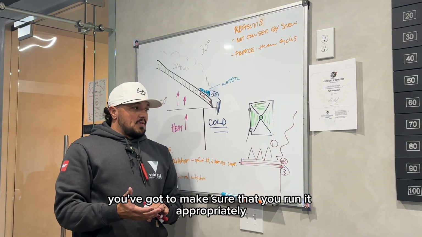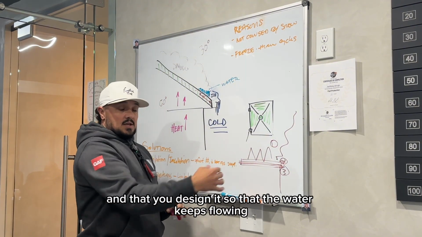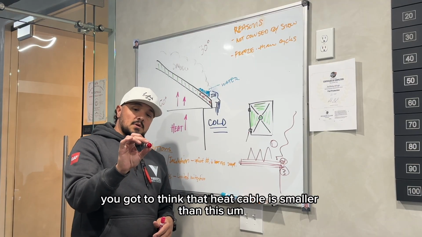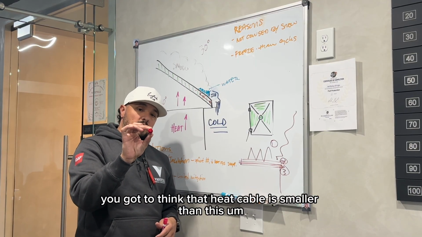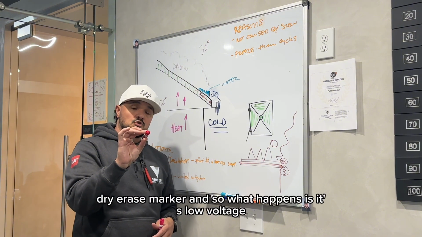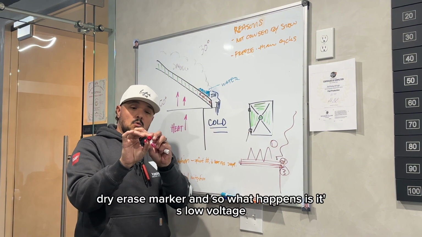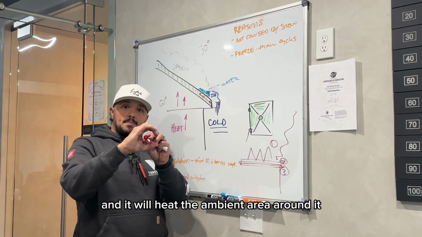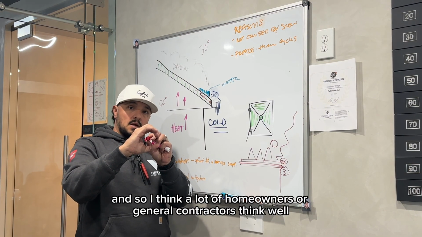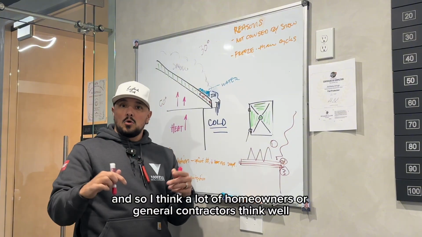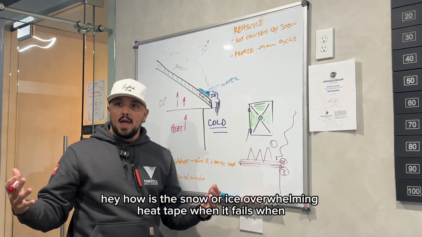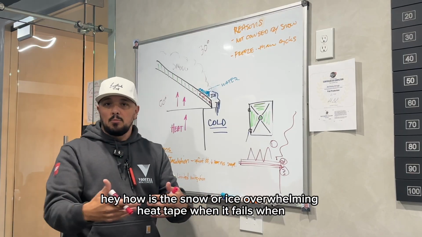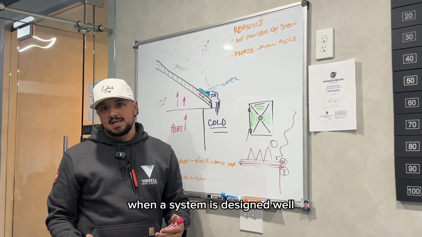You've got to make sure that you run it appropriately and that you design it so that the water keeps flowing. You've got to think that heat cable is smaller than this dry erase marker. And so what happens is it's low voltage and it will heat the ambient area around it. I think a lot of homeowners or general contractors think, well, hey, how is the snow or ice overwhelming heat tape when a system is designed?